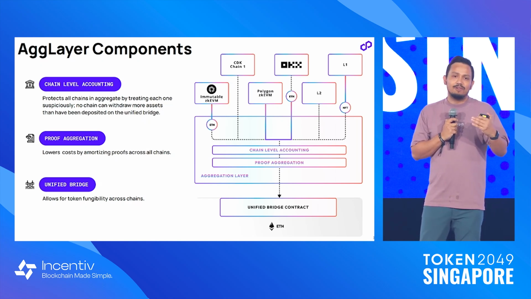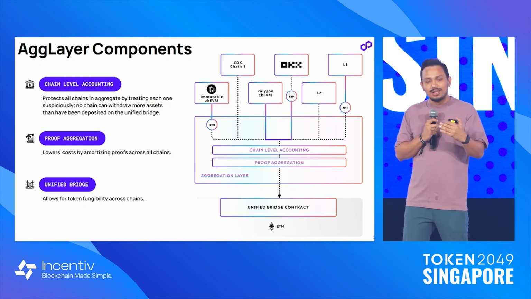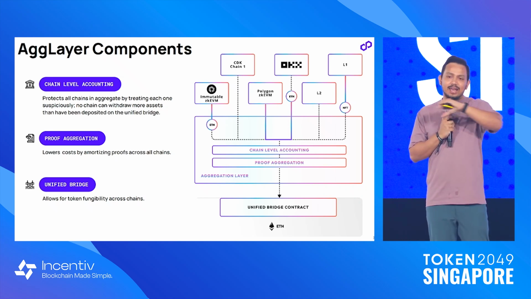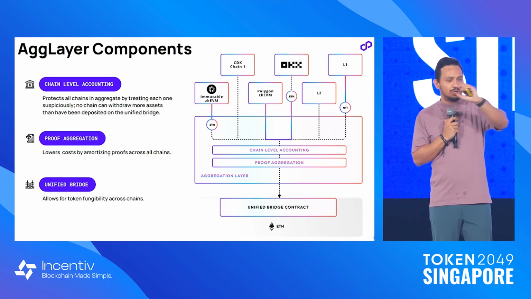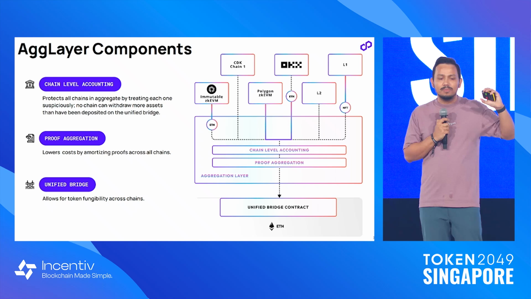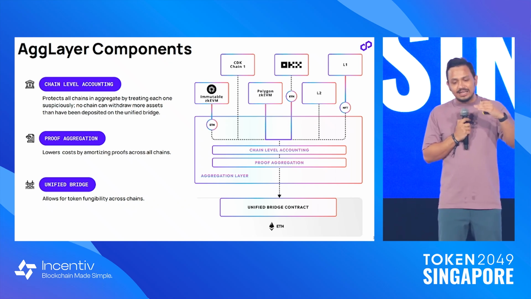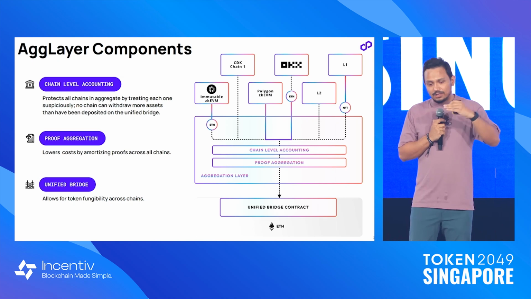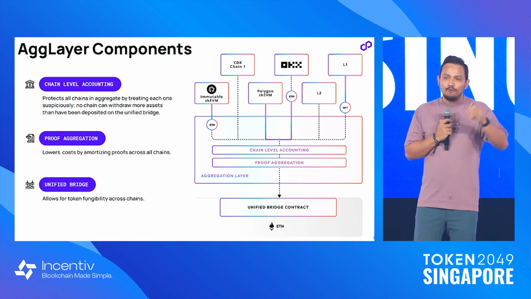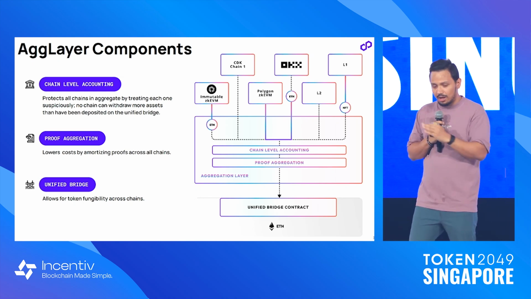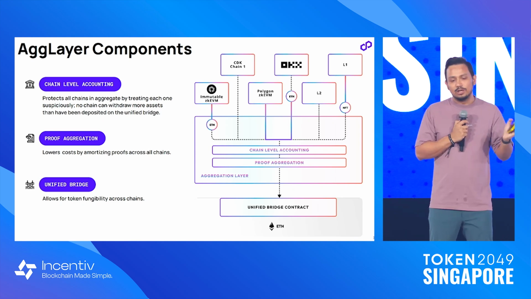They have this chain level accounting in the form of ZK proofs. And what Ag layer does is it aggregates all the ledgers from these individual chains into one single large ledger, right? And using that single large ledger and the reference to that, these chains can move value around them, and the users can simply use applications.